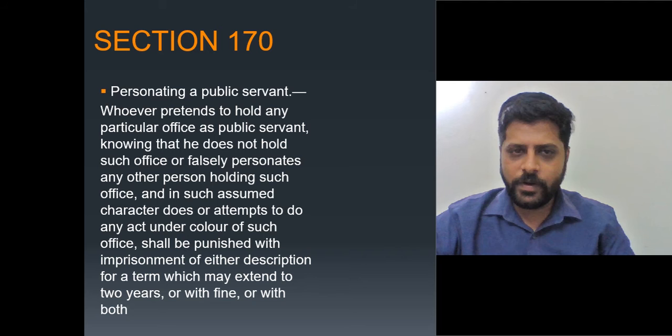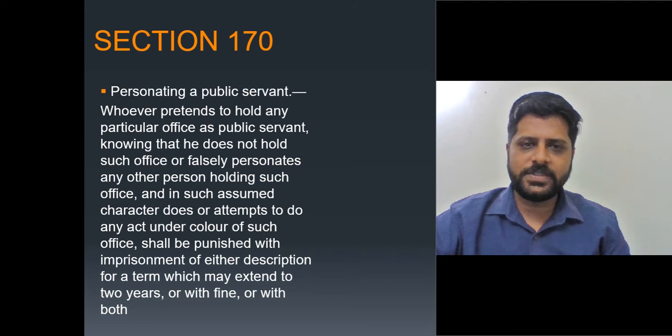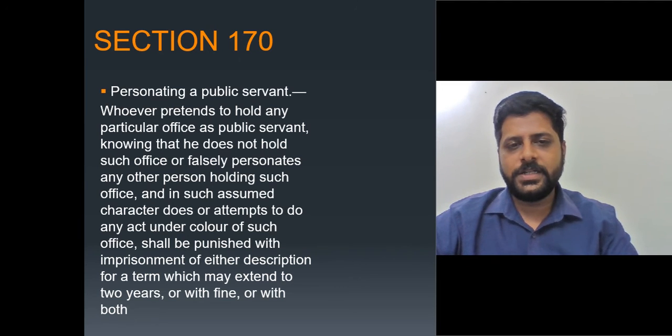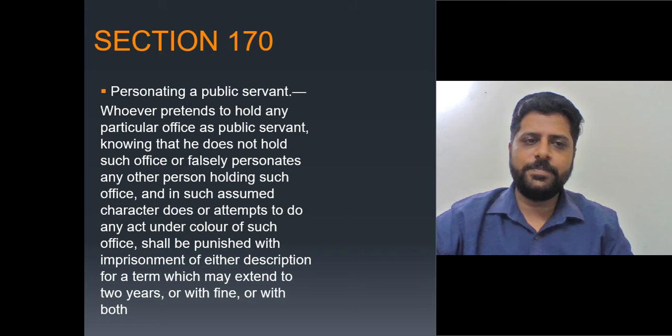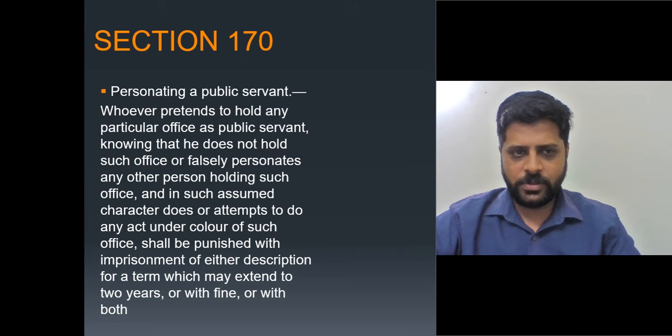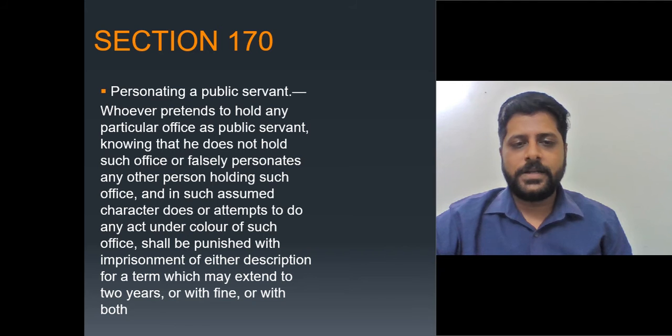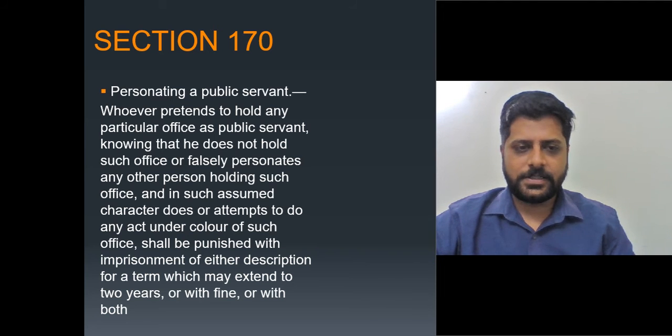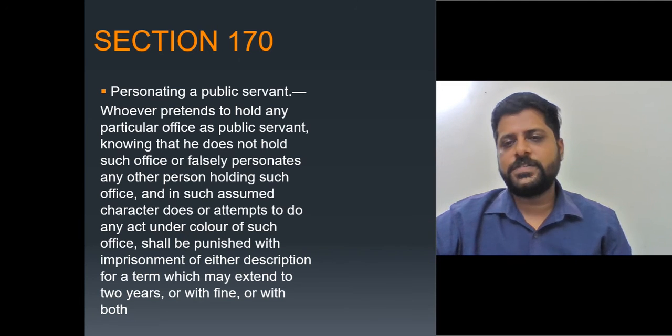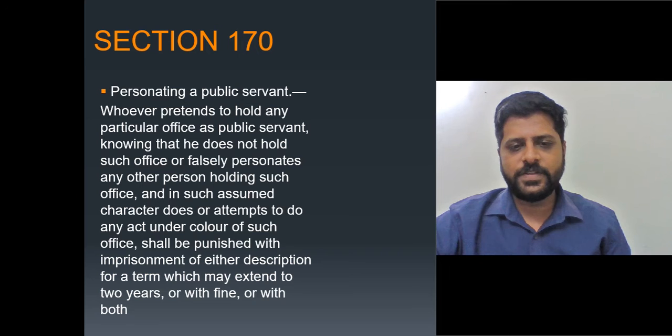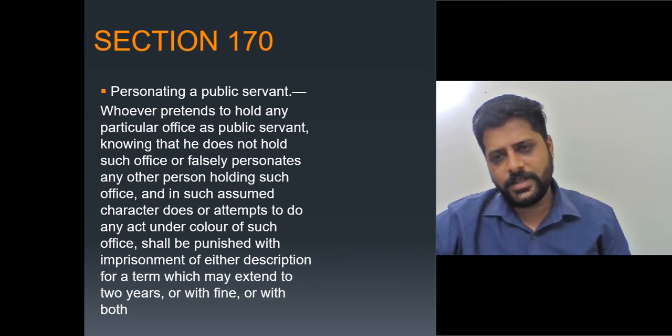So whoever pretends to hold any particular office as a public servant, knowing that he does not hold such office, or falsely personates any other person holding such office, and in such assumed character does or attempts to do any act under the color of such office, shall be punished with imprisonment which may extend to 2 years or fine or both.